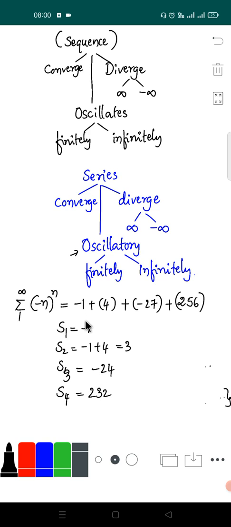When you analyze this sequence, first it is minus 1, next it is positive, next it is negative, next it is positive. So we can see that this sequence is not converging, but it is also not diverging to either plus infinity or negative infinity.